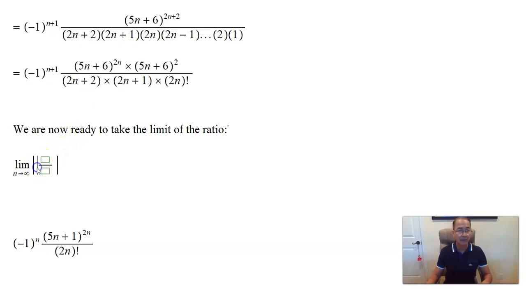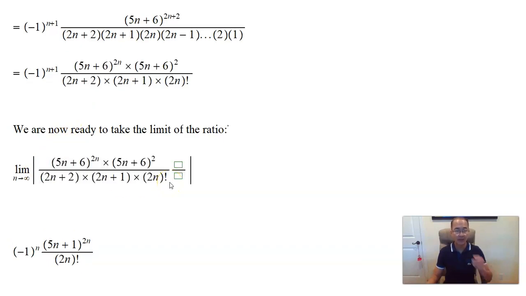So as far as a(n+1) is concerned, all we need is that, where everything is positive, actually. And as far as a(n) is concerned, we only need this part, but again, not divide, we're going to multiply by the reciprocal. Okay, so take the reciprocal, the 2n factorial goes in the numerator, and the 5n plus 1 to the 2n goes in the denominator.